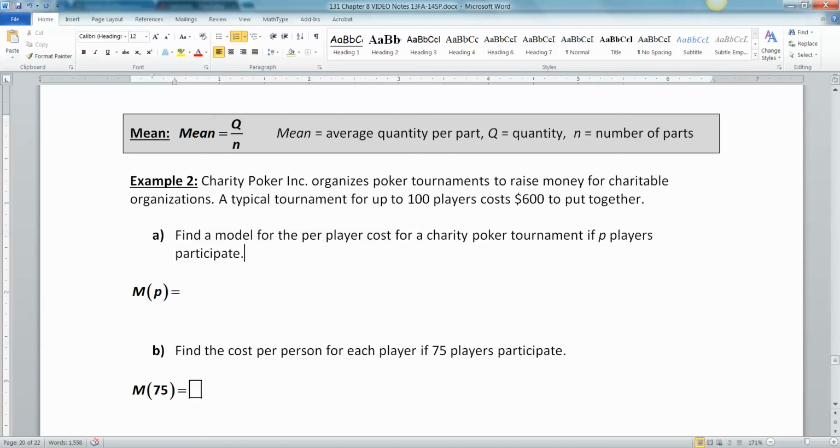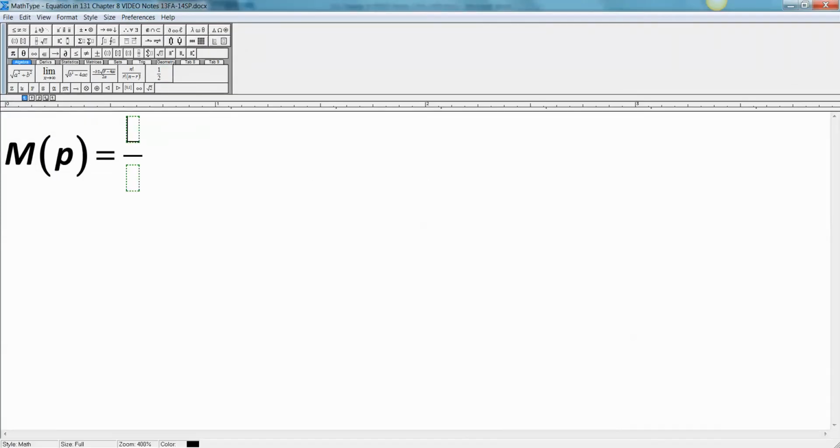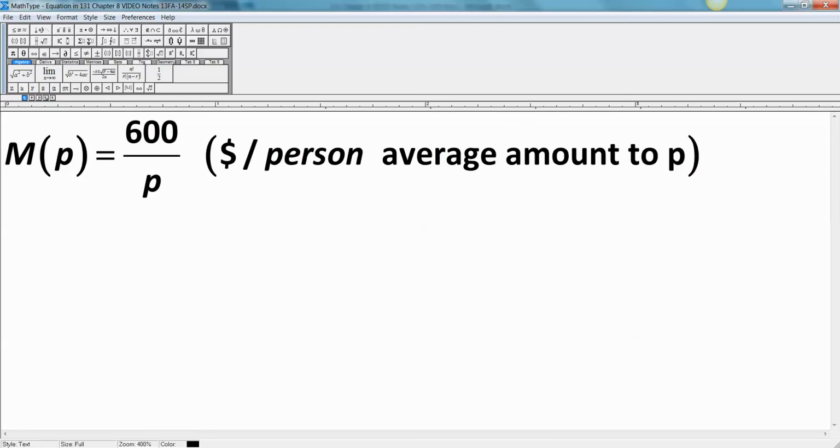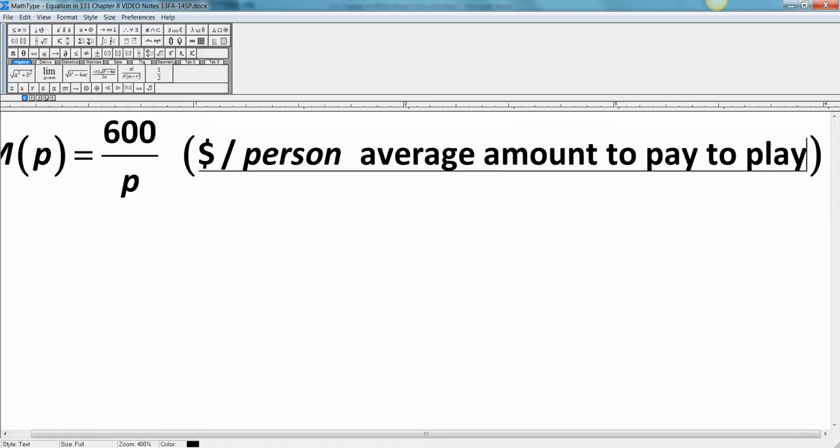All right, so M of P is going to be our quantity divided by our N. Our total quantity here is 600, because they said it was $600 for up to 100 players, and we're going to divide that by the number of players that we have. And this would be the dollars per person, the average amount to pay to play in the tournament.